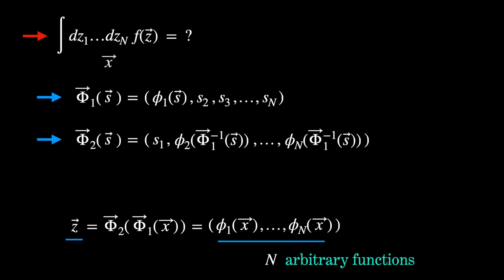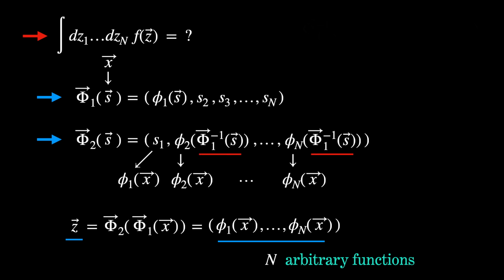First plug x into capital Phi 1. Then plug the result into capital Phi 2. The first component is unchanged, and we just get the function Phi 1. As for the rest, due to the inverse capital Phi 1, we also get the rest of the n-1 functions.